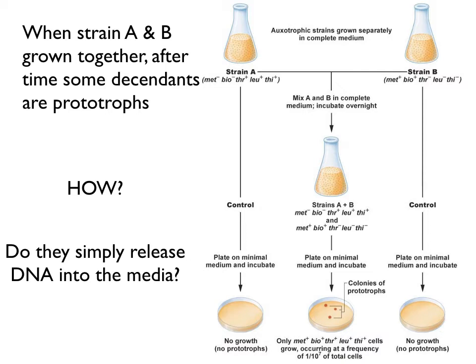You'll notice that strain B is able to produce MET and BIO, but incapable of producing the last three compounds that strain A is able to produce. So they are complementary in terms of what they can and cannot produce, but neither of them can grow in minimal media. They can both grow in complete media because everything they can't make is provided in the media.